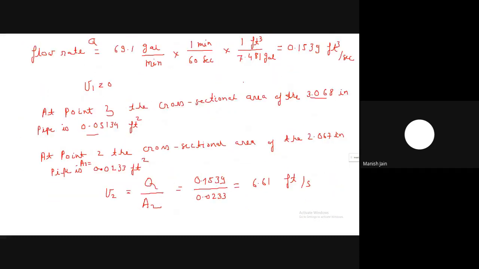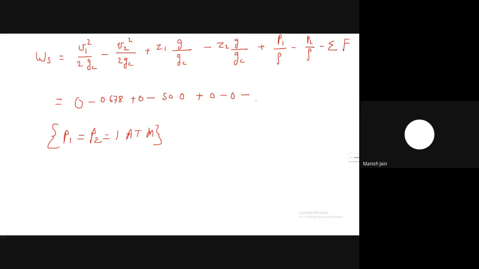So here you use minus 10. When you solve this, it will come to minus 60.678. So this is the value of WS.